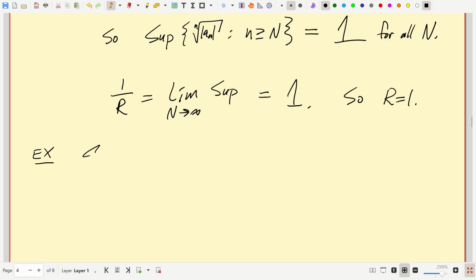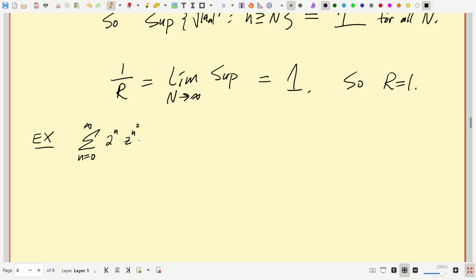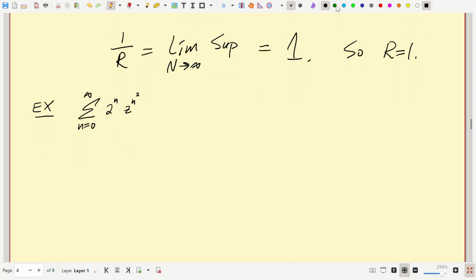Let's look at the summation n equals 0 to infinity of 2^n z^{n^2}. So the book, I hate this formula that's in the book. What is the formula?